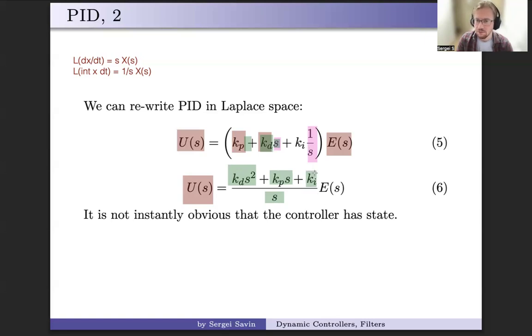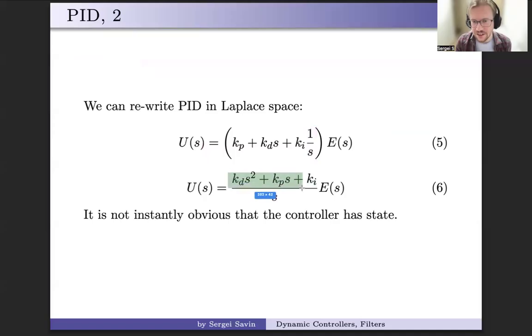And ki multiplied by nothing, because again we put 1 over s into the denominator. And here we have 1 over s. So if we open this fraction, we get back our kd times s, kp, and ki divided by s. So that is the transfer function.